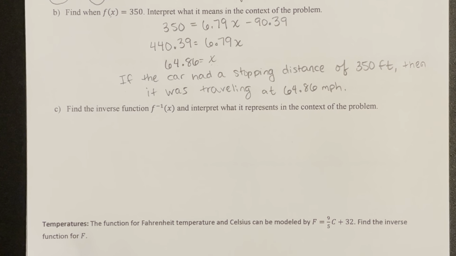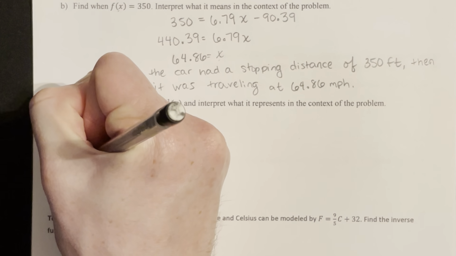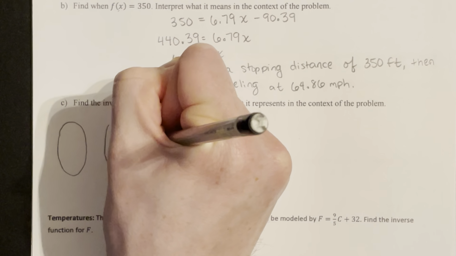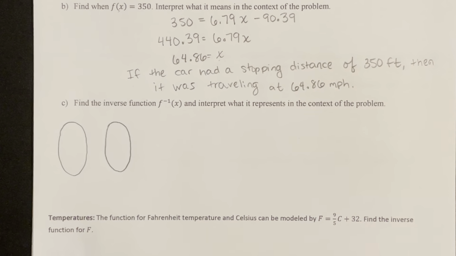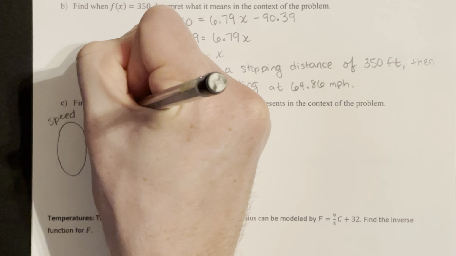Part C wants us to find the inverse function. So let's go back to that mapping, what we have here. Our current function f of x, we said, took speed to distance.